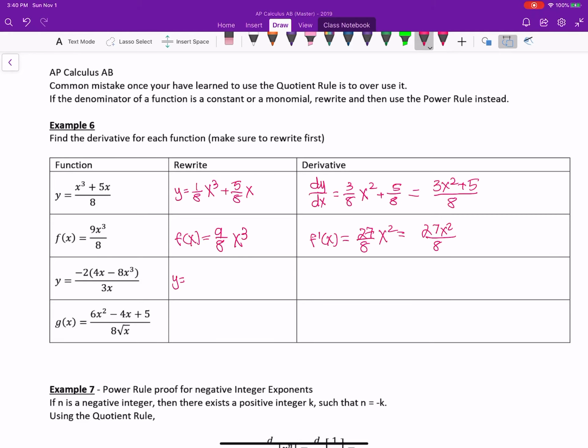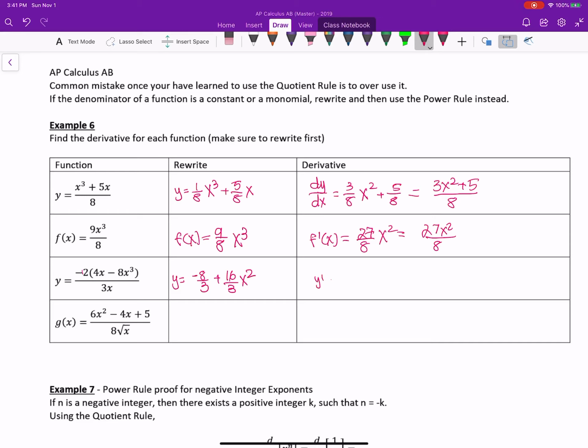The x's cancel out, and I get -8/3. And then the -2 distributed gives me +16, so that's definitely a plus. 16x to the third over 3x to the first gives me 16/3 x squared when I rewrite that, and then just use the power rule.